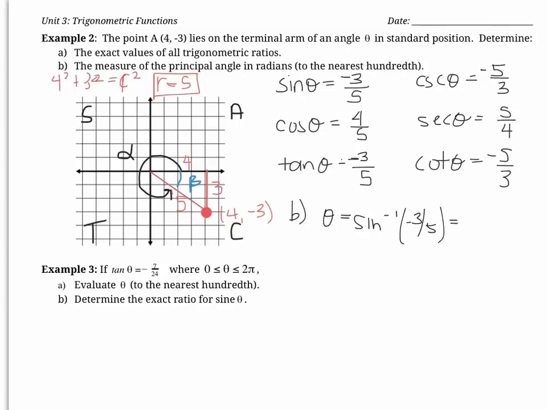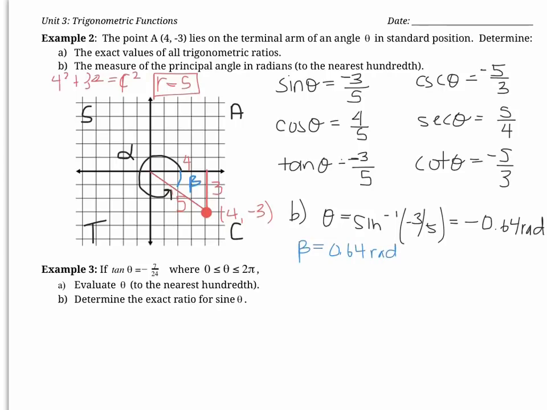If you take the sine inverse of negative 3 over 5, we get negative 0.64 radians approximately. The question asks us to round it to the nearest hundredth. Okay, so does this make sense? Is this angle right here negative 0.64? That makes sense. So that means that our related acute angle, which is beta, is positive 0.64 radians.